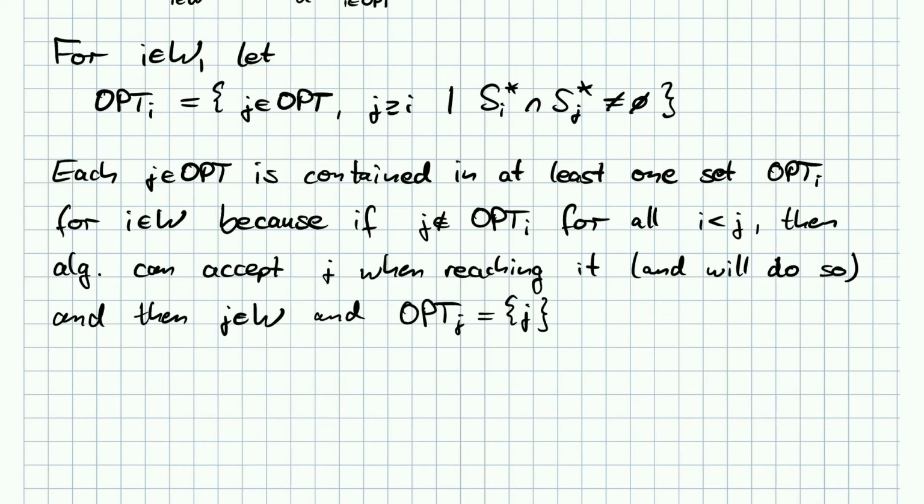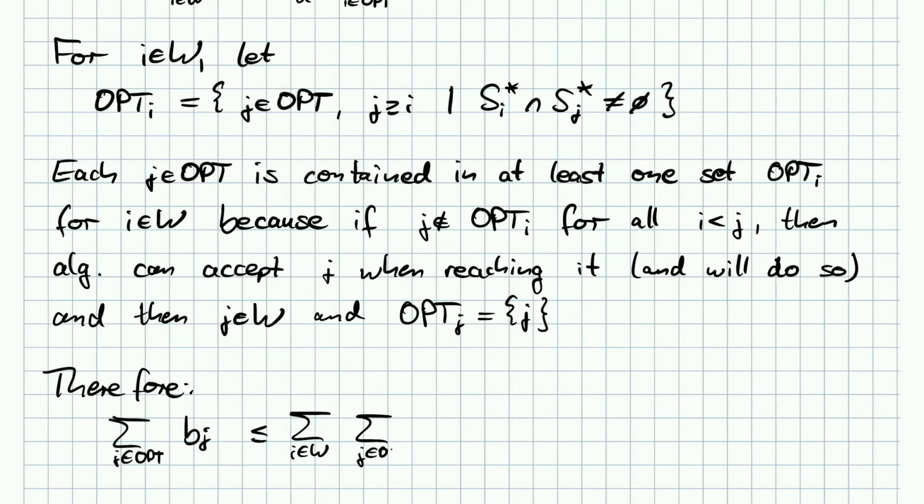With this insight, we can now rewrite this sum of b_j over j in opt as follows. We can now say this will be at most the sum over all I in W of the sum over all j in opt I of b_j.